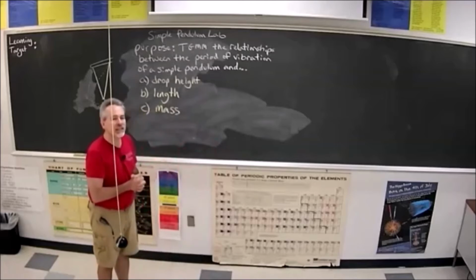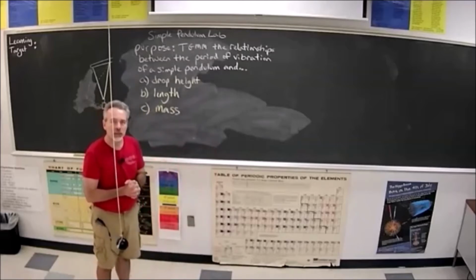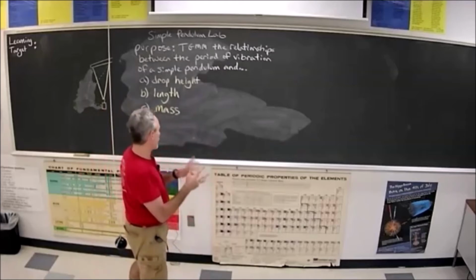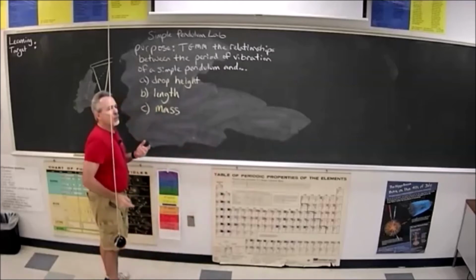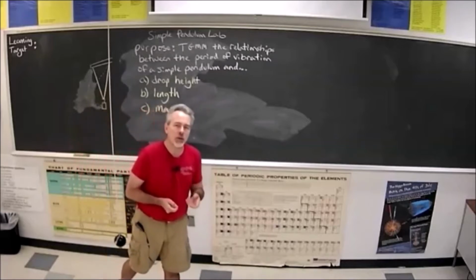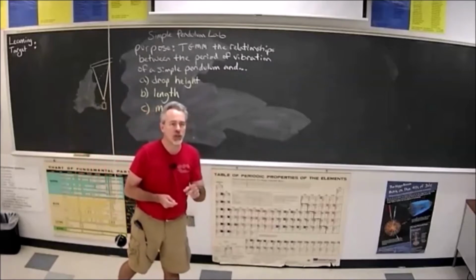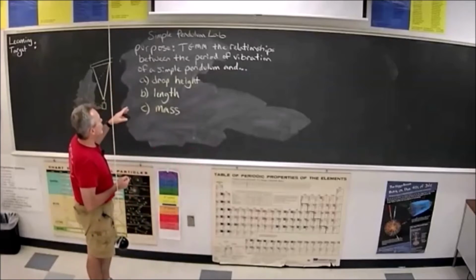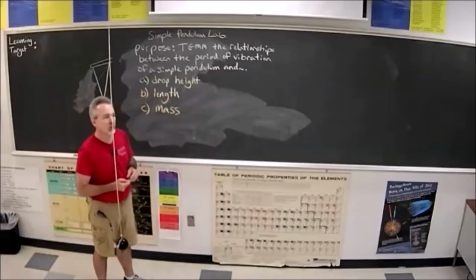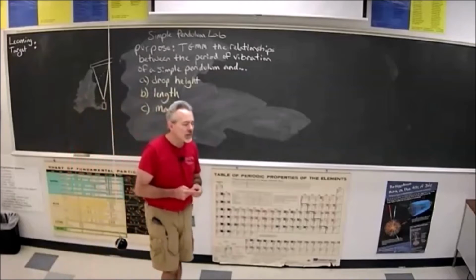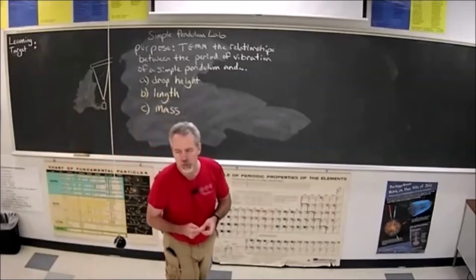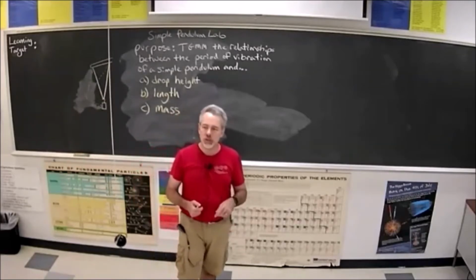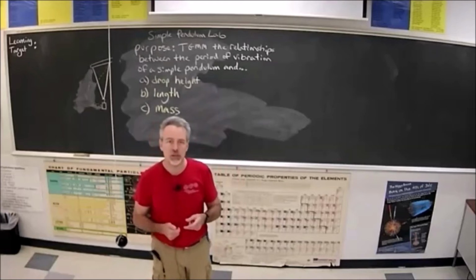This one's really easy to make mistakes on if you're not really thinking about what you're doing before you start the lab. For example, think about what we've learned from the tube lab. I like to call that lab the fair test lab. You can only change one variable at a time. So when you're doing this lab, it's really important you realize that you can only change one variable at a time. That's one thing. The second thing is, do you remember the one worksheet where you plotted data and the data was kind of clustered together and you couldn't really tell if it was top opening, side opening, or linear?